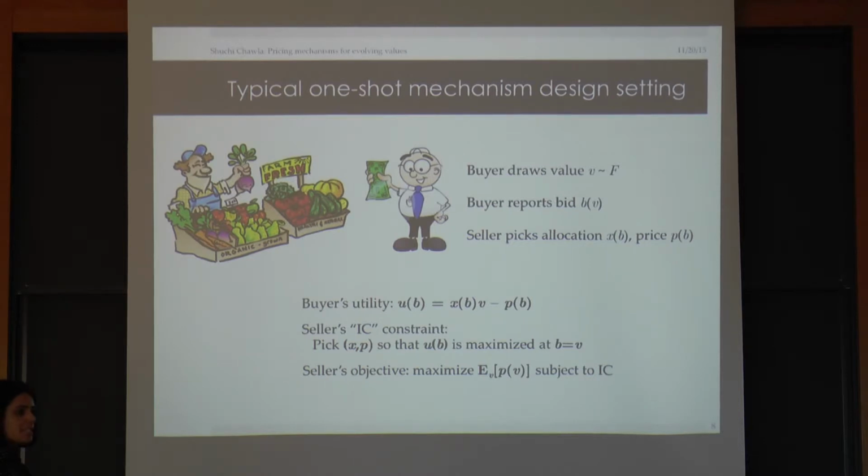truthful mechanisms. And indeed, for this problem, even if you have many buyers, there are many different kinds of auction formats known. For instance, the English auction, which is an ascending price auction, a Dutch auction, and the second price auction, which is truthful. And it turns out that in this setting, all of them have the same expected revenue.